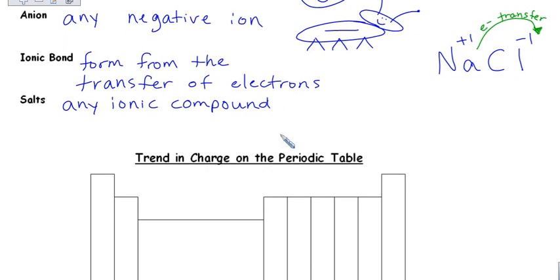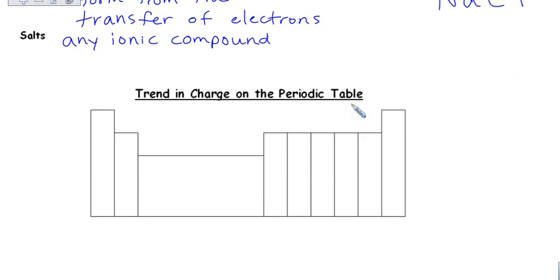And then finally, to summarize the trend in charge, this is important. In order to predict bonding, eventually we need to know the charge on every element on the periodic table. Whoa. Actually, it's not so bad. We already know that there's a trend with valence electrons. Everybody in group 1, the alkali metals, they all have 1 valence electron.